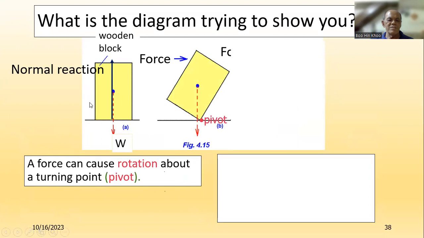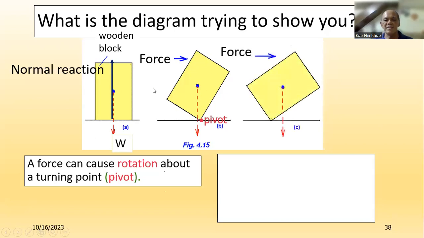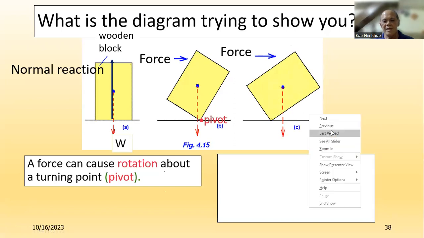So if you apply the force not at the center of gravity or lower, then we find that there's a possibility that this block of wood, or wooden block, will rotate about this point called a pivot, and it will topple over or stay in a new equilibrium. And we call this a clockwise moment.